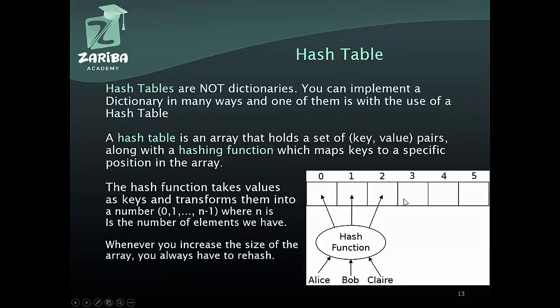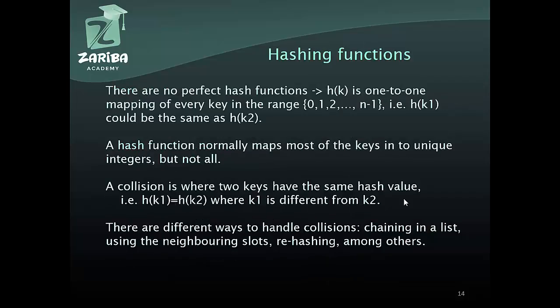Everything fine? Yes, question: what happens if two keys have the same? We are going to talk about that just now. So we are going to talk about the hashing function. There are no perfect ones.